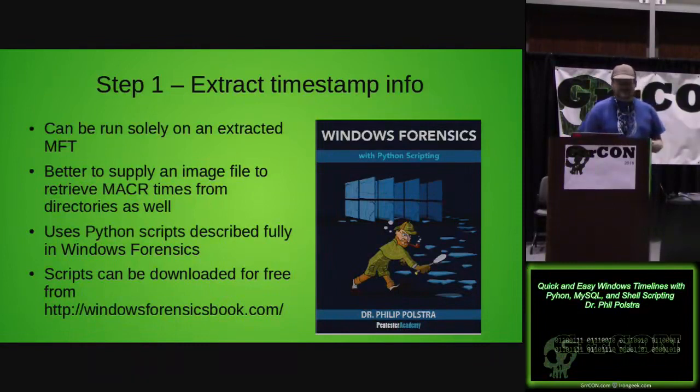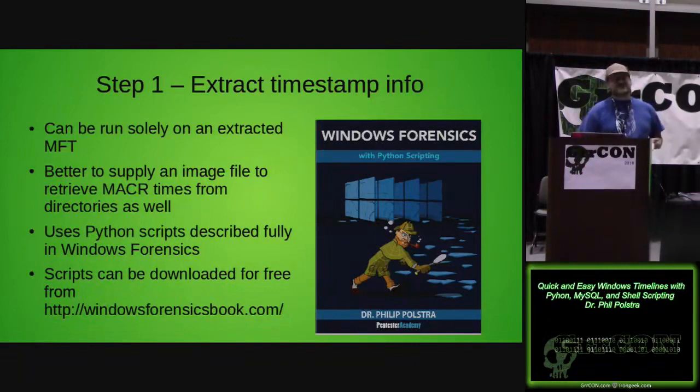So you extract this, and then you can also supply to the script I'm going to talk about today an image file. The way that works is if you give it an MFT file, it will go through every MFT entry and pull out those timestamps from the standard info attribute and from the file name attributes.